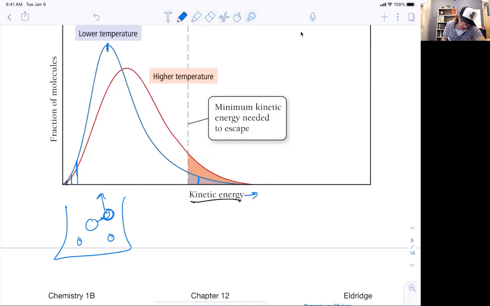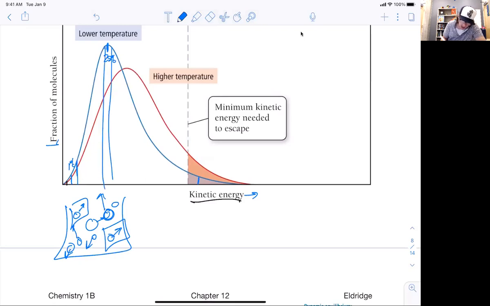So if you looked at 100,000 of these molecules, all of them have a slightly different kinetic energy. But then if you were to try to group them together and say, oh, well, this kinetic energy is sort of the average or the most common. You counted them up. So it says fraction here, so maybe 1% of them had this energy, and then like 25% had that energy, in this little bin right here, and so on and so forth.